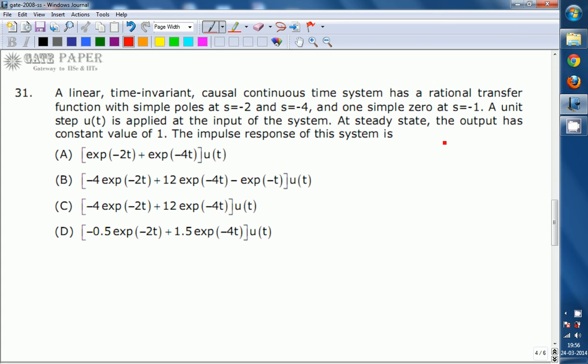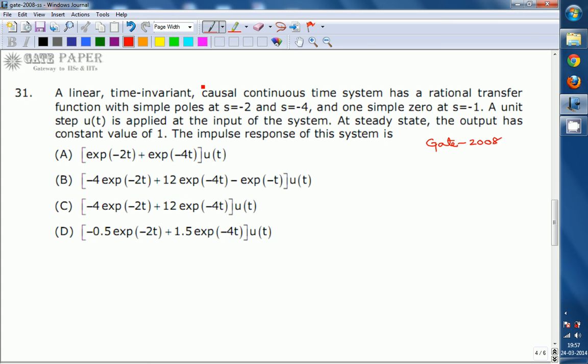Function from signals and systems given in GATE 2008. Given that a linear time invariant causal continuous time system has a rational transfer function with simple poles at s equals -2 and s equals -4 and one simple zero at s equals -1.